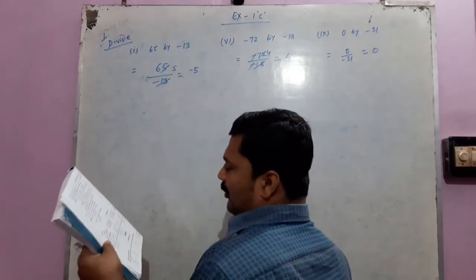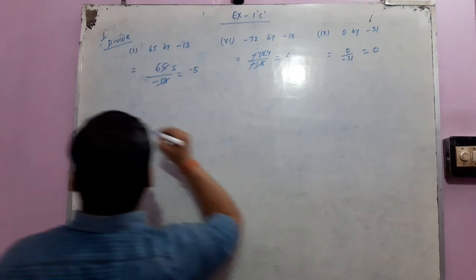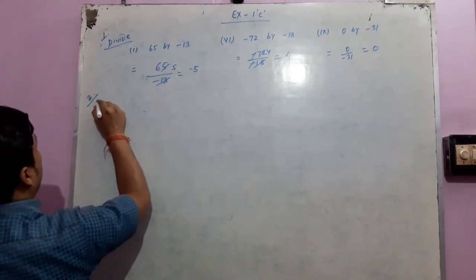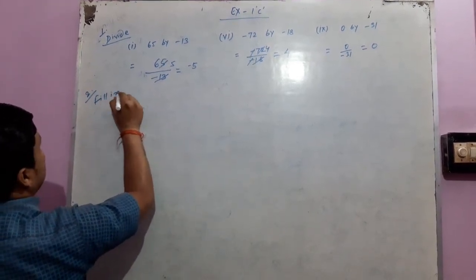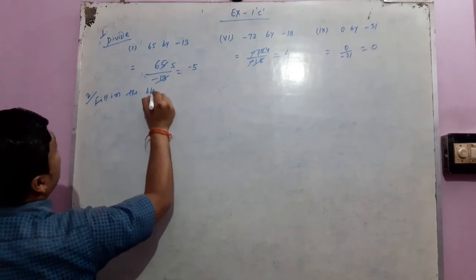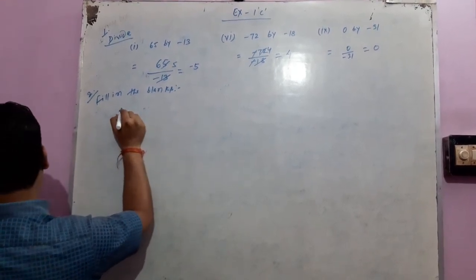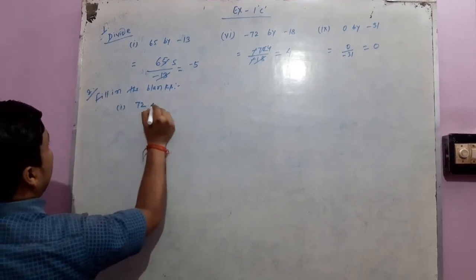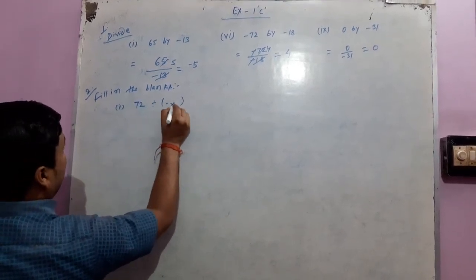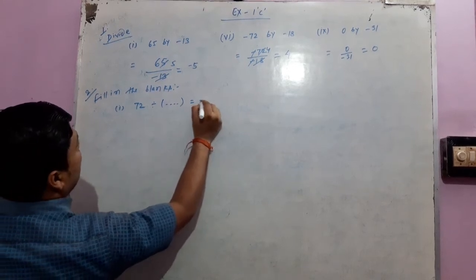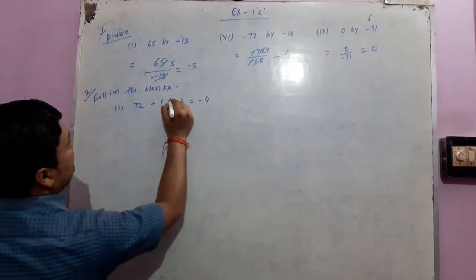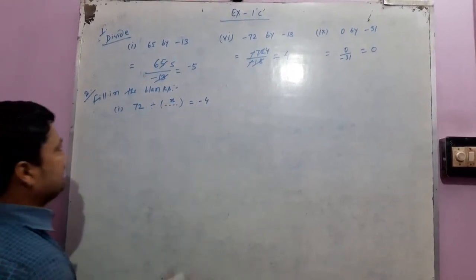Now in question number 2, fill in the blanks. Look at the first question here. 72 divided by a blank equals minus 4. Let us consider this blank as x.